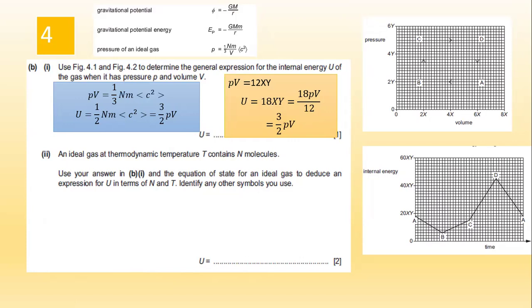Manipulate this to get your PV, half mv square here. That's extra knowledge only. You're not supposed to use this method. Use your answer in part 1 and the equation of state for ideal gas to deduce.